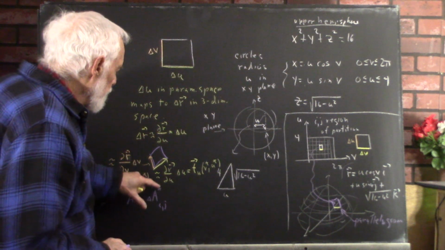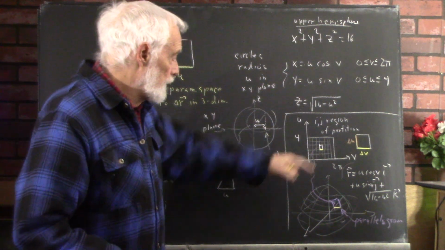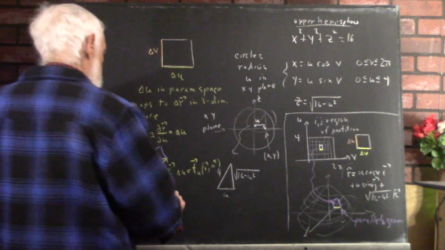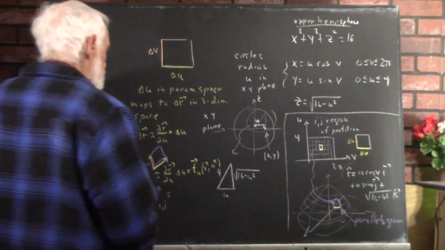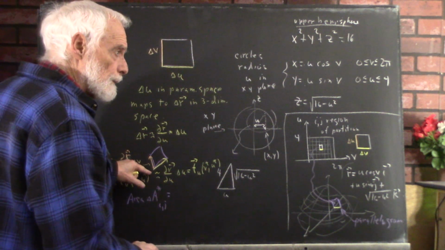The area delta A star sub ij, if this is the ij partition, is just the magnitude of the cross product of these two vectors.